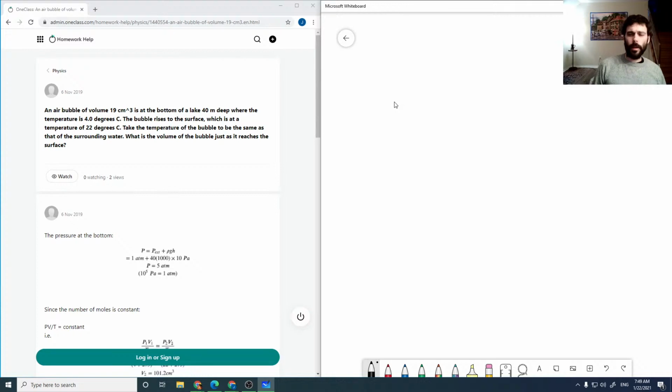Okay, so here we have an air bubble at the bottom of a lake. I probably didn't need to do it there, but whatever. And it's 40 meters deep.